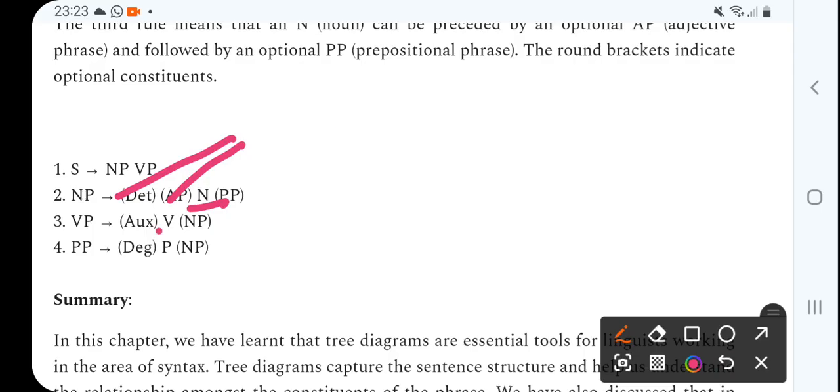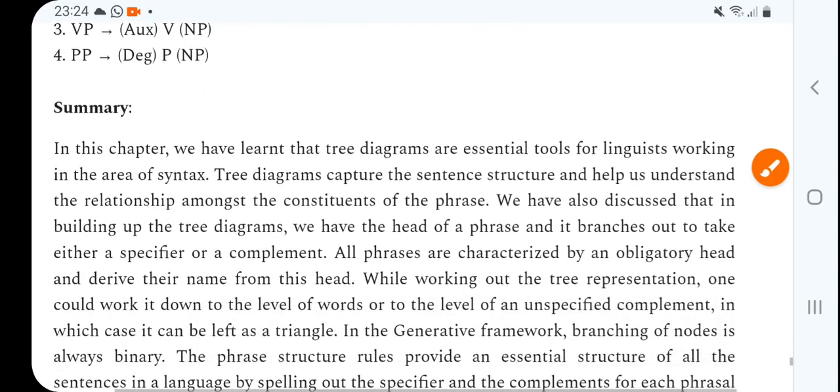In VP, verb is mandatory, auxiliary and NP are optional. PP, the prepositional phrase, these two are optional. Okay, right?